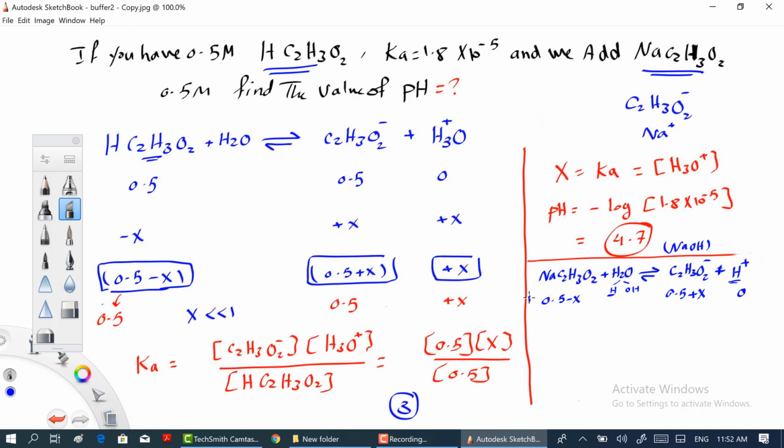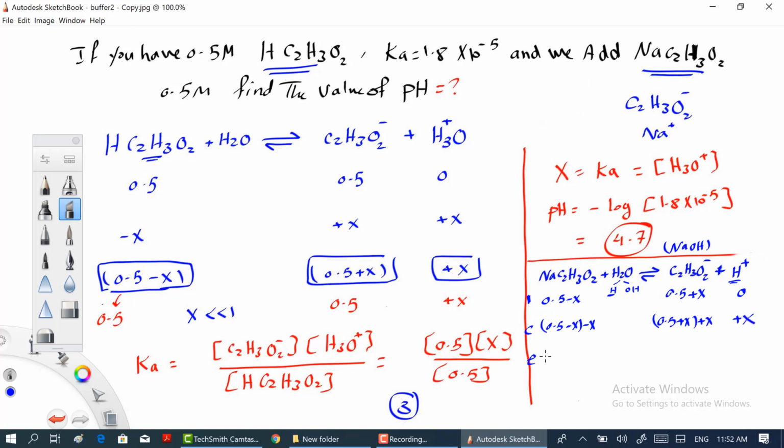It is the initial, the change and equilibrium. In the change, it will be 0.5 subtract x, subtract x, and 0.5 plus x, and this will be plus x.